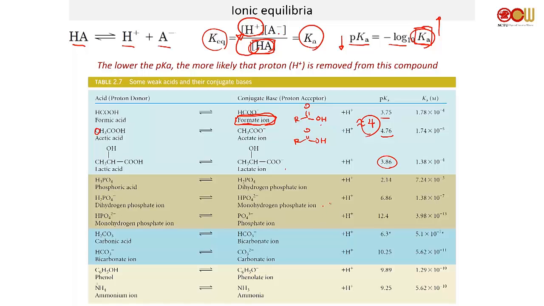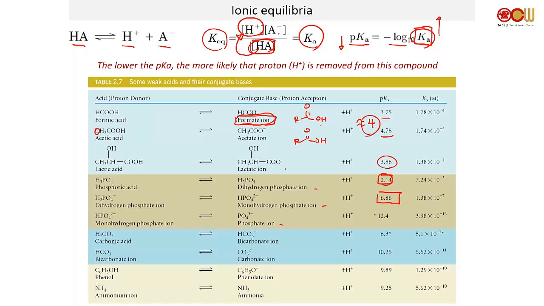And then you got some other things like phosphoric acid, phosphoric acid minus 1 proton, minus 2 protons, minus 3 protons, okay? And obviously you see that the first proton to pull off is very easy, pK is 2. The second proton becomes harder to pull, the pK of 6.9 roughly.